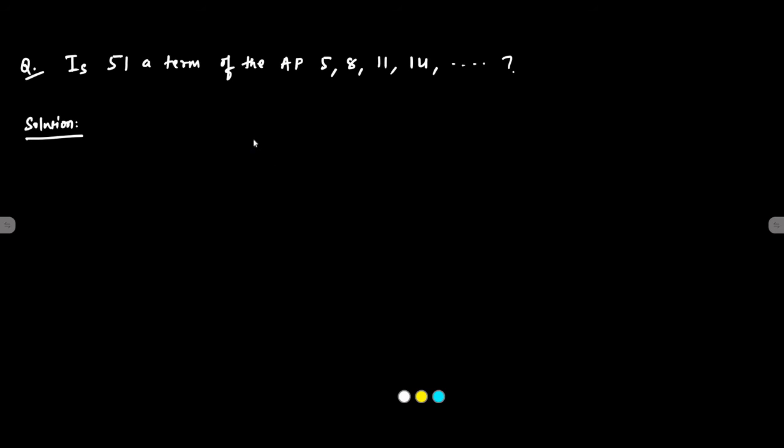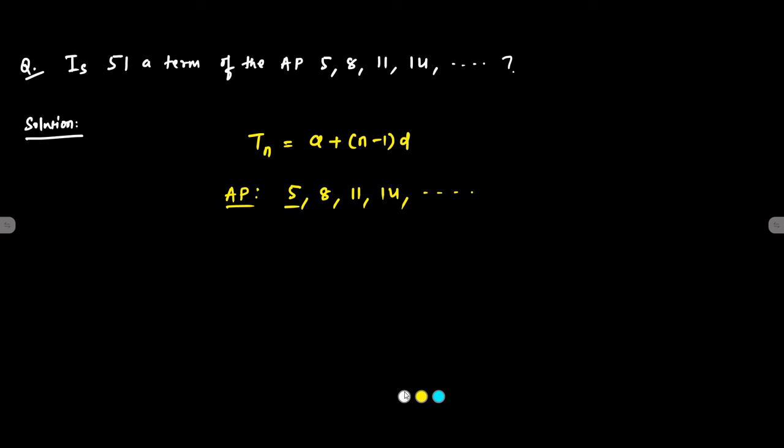First we'll write the nth term formula: Tn is equal to A plus n minus 1 d. We have this AP, the arithmetic progression, 5, 8, 11, 14 and so on.